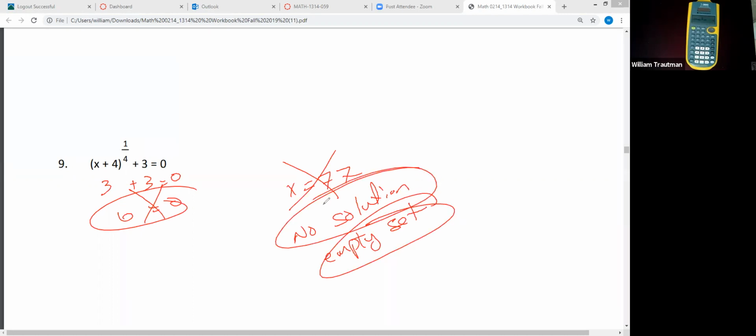Do you see? This is the 4th root. Even roots you have to check. Square root, 4th root. For a 3rd root or a 5th root, you don't have to check. Only for even roots, because even roots you can't have negative radicals, negative square roots.